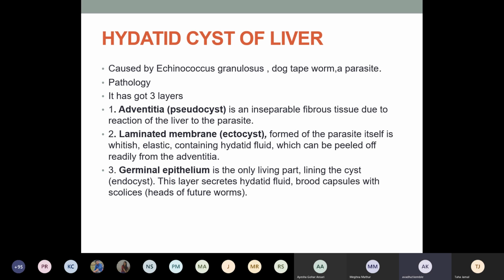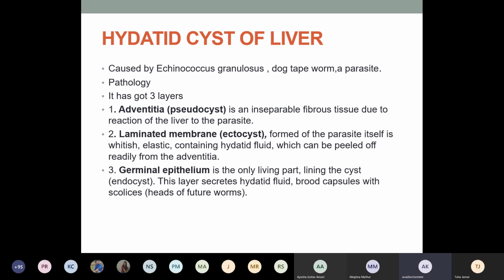And this Echinococcus granulosus typically gives rise to hydatid cyst disease in the human being. The most common organs involved in the human being are, first filter is the liver, and second filter is the lung.